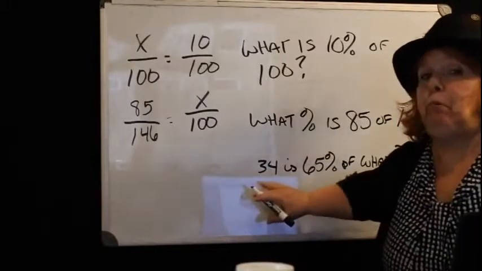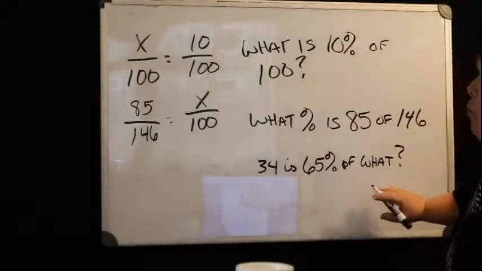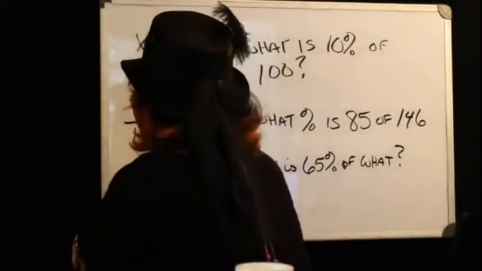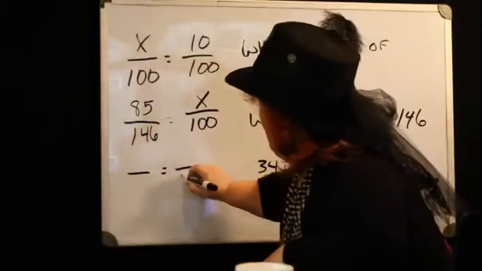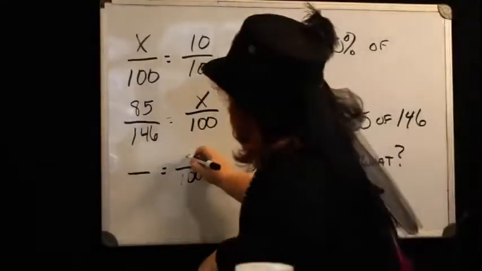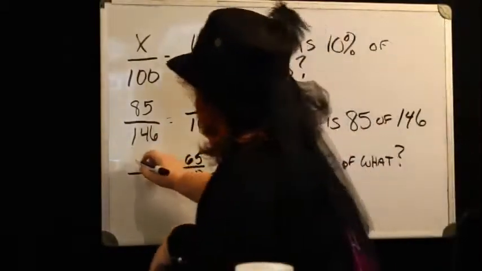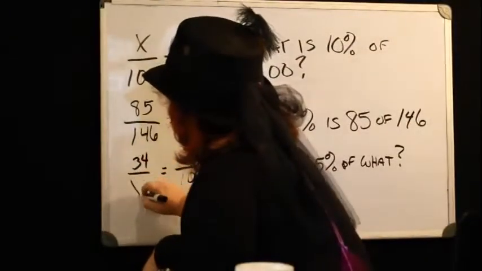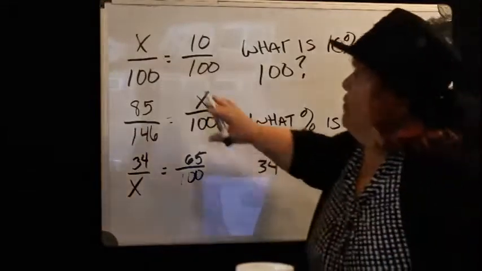So I have the part, I have the percent, I'm missing the whole. So, over here, what do I write under a percentage? This is my percent. 100%. 65 over the top. 65 over here. And then you write 34 on the top, and you're looking for the bottom number. Very good.